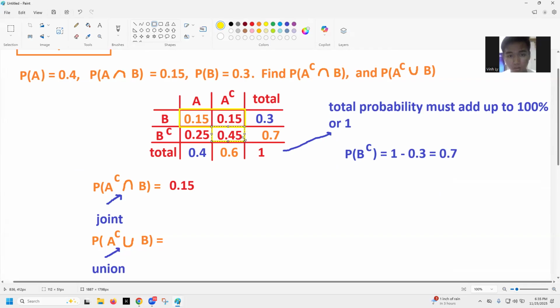We have to count all of these three, A, C, or B, without overlapping. So for the union, we have to count a lot. The joint, we just take the intersection.